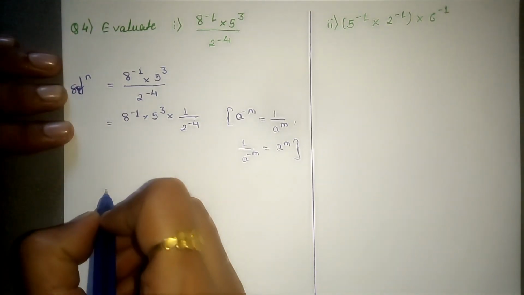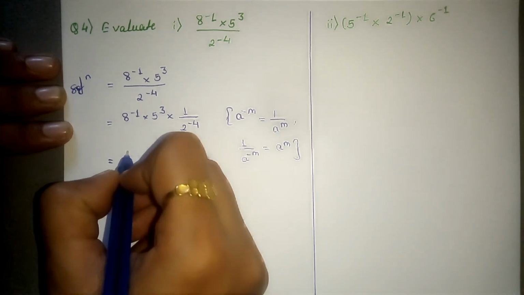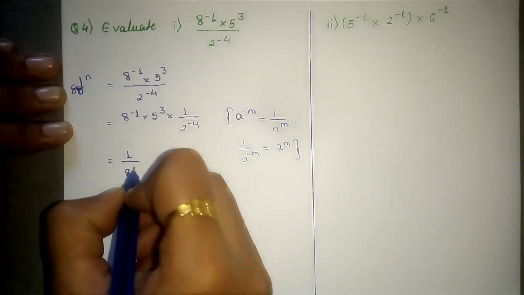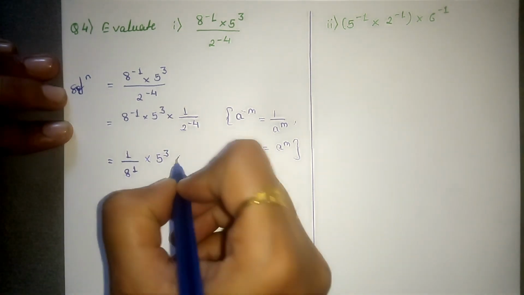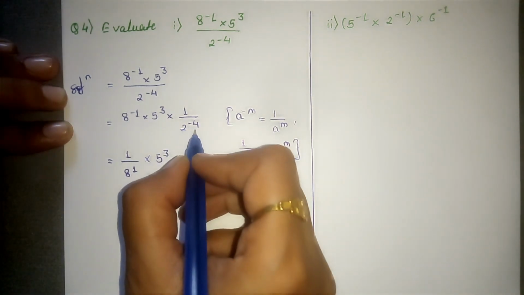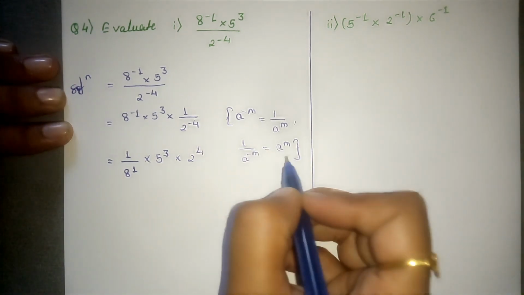By applying those laws, we can write 8 raised to the power minus 1 as 1 upon 8 raised to the power 1, into 5 raised to the power 3 as it is, into 1 upon 2 raised to the power minus 4, which becomes 2 raised to the power plus 4 by using the second law.